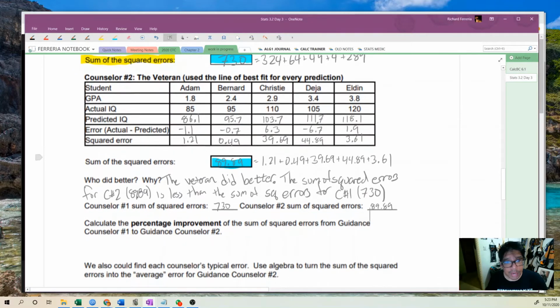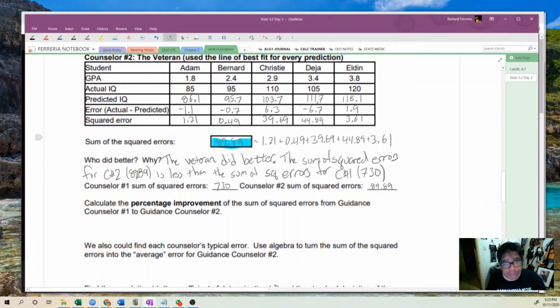So, how much better is using that LSRL? Can we say what percent better that is with the sum of the squared errors? Okay. Well, percent increase or percent decrease is always going to be equal to original, which was 730, minus the new, which was 89.89.